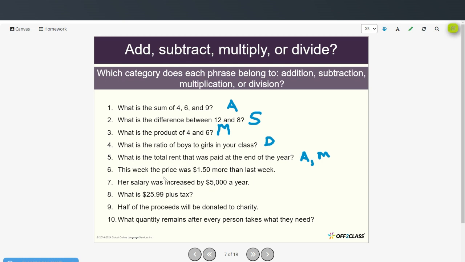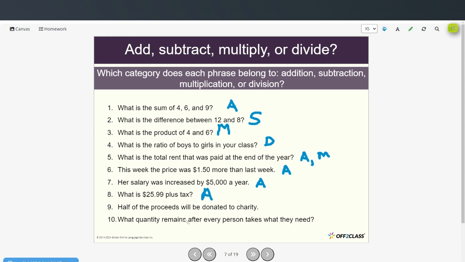The price this week was $1.50 more than last week. That would be addition. Her salary was increased by $5,000 a year. That's addition. What is $25.99 plus tax? Addition.